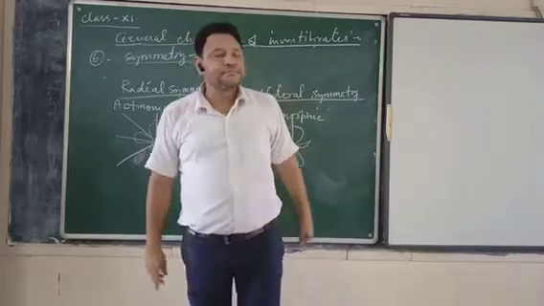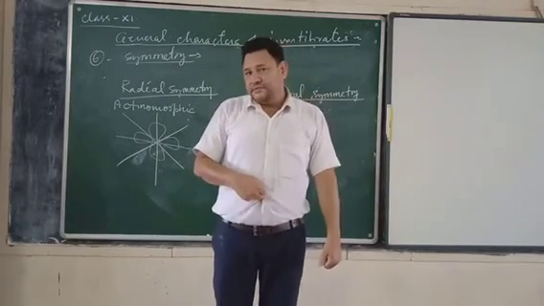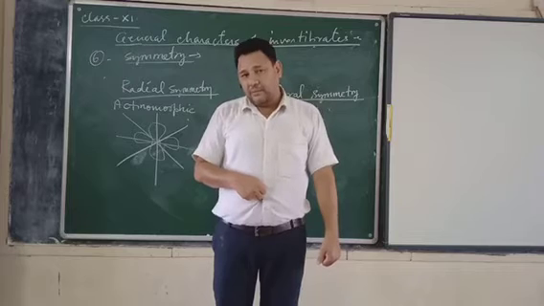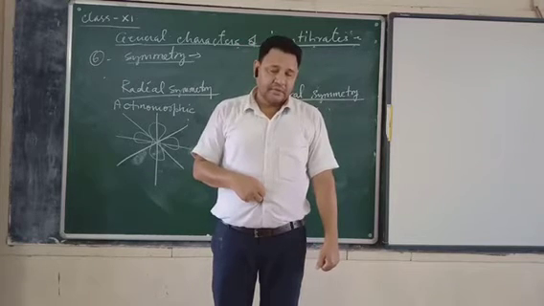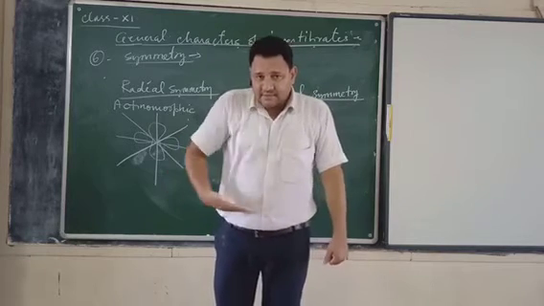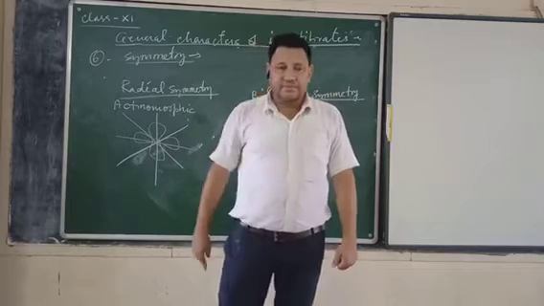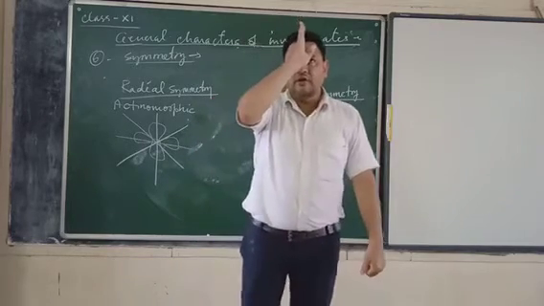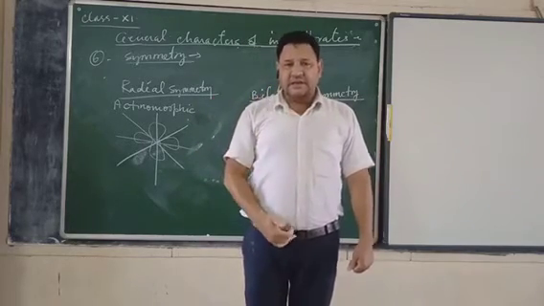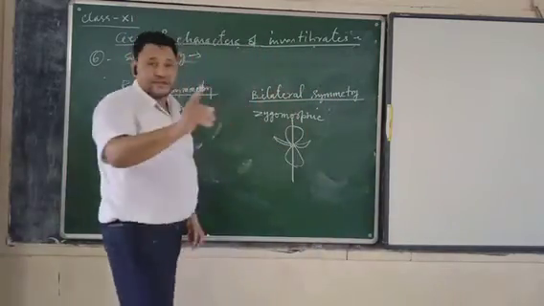Example, we are. There is a point of center in our body. A line that is passing through like this may not divide our complete body into two equal halves. But if a line drawn like this passing through the center will be able to divide our body into two complete halves.